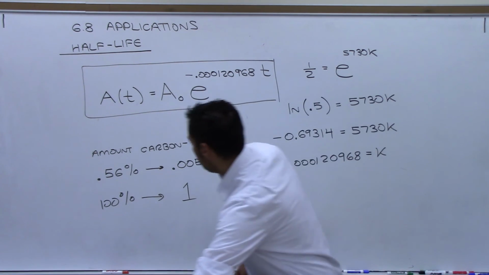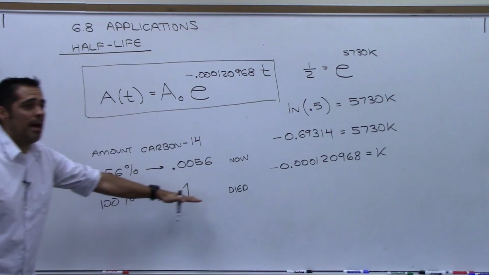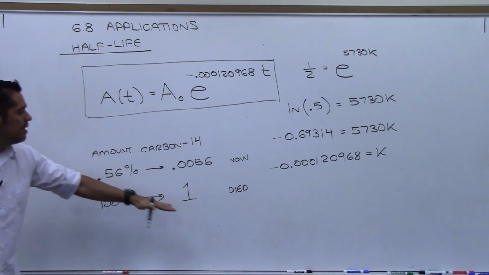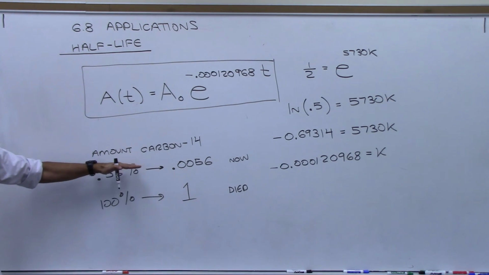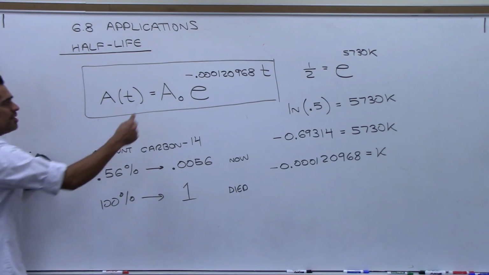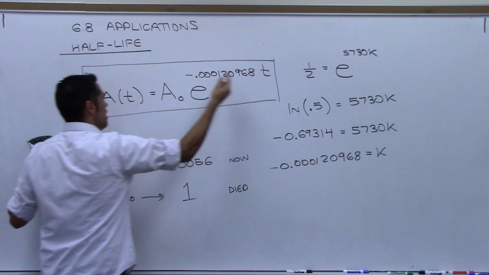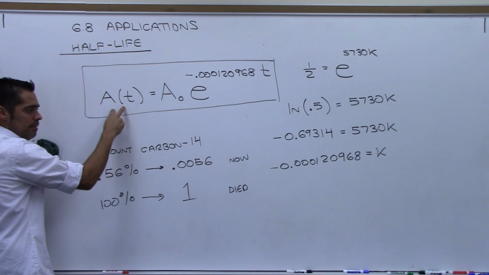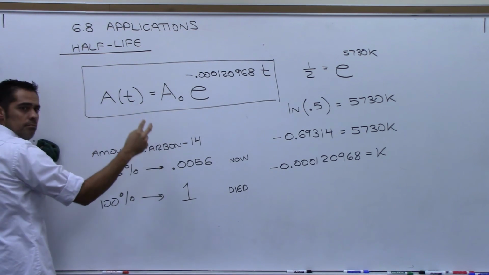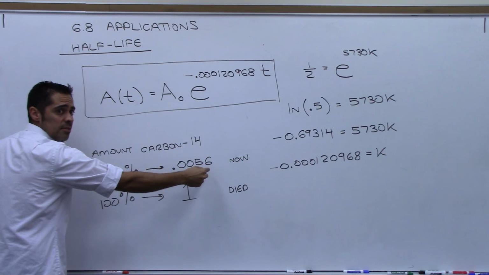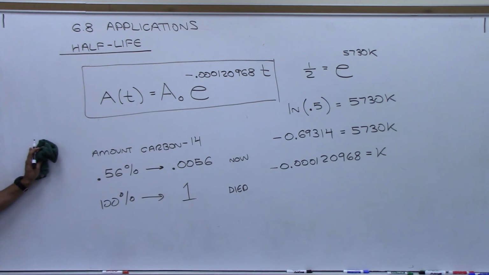So this right here is the initial amount, A sub 0. This is how much it has at a certain point in time. So what I know is that this right here starts out as 1, and at some point in time, the left side turns out to be 0.0056. And then the only thing I have left to solve for there is t. Do you follow that?